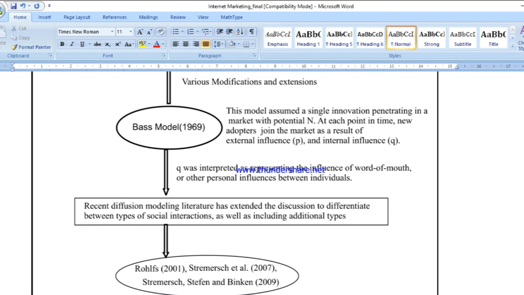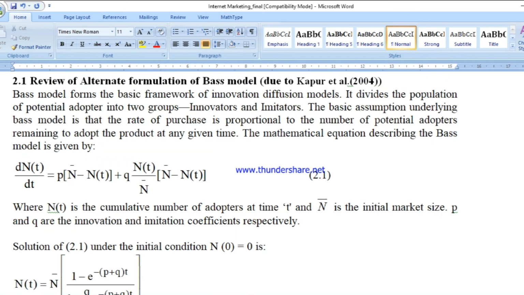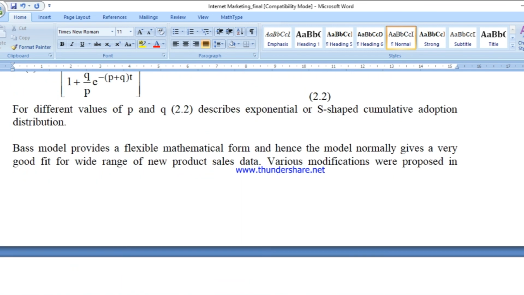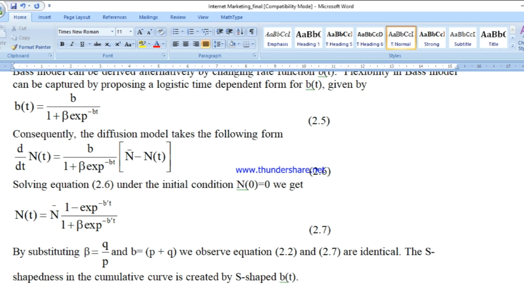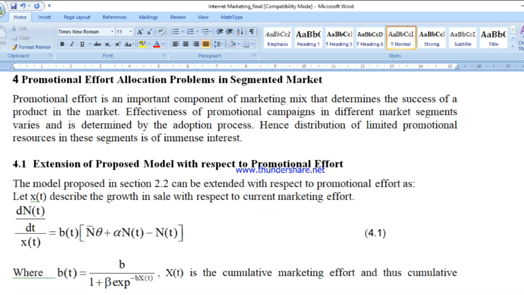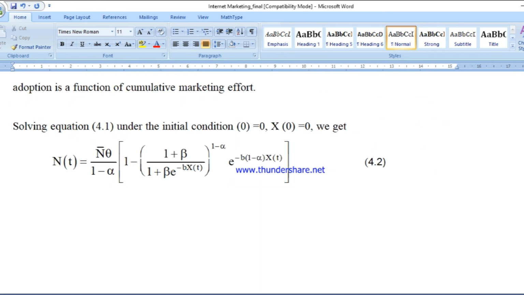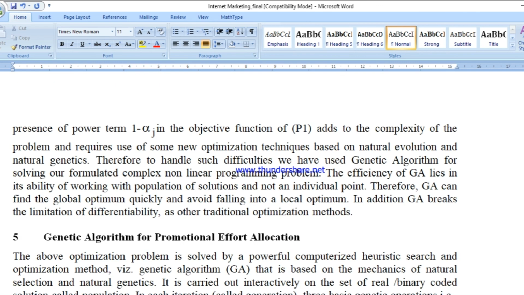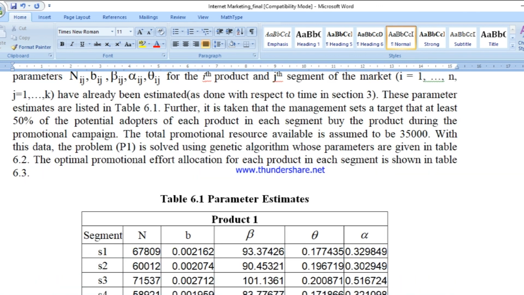And then they are taking up the modeling framework, which is basically giving the model. Then in section 4, they are moving on to the optimal effort allocation problem, that is the optimization problem that they are dealing with. Then the method for solving, which is genetic algorithm, and then they are giving a numerical example to show their workings.